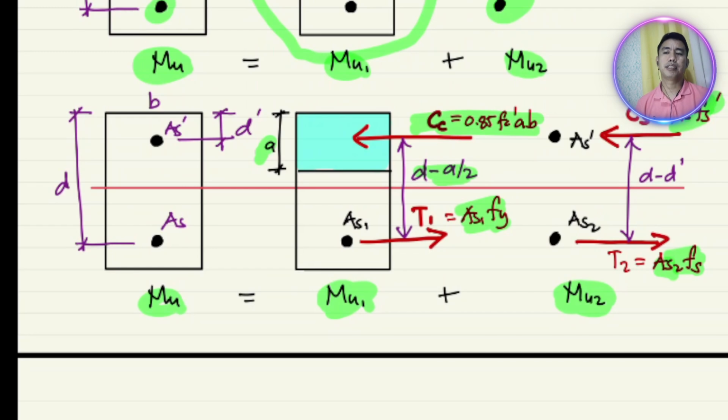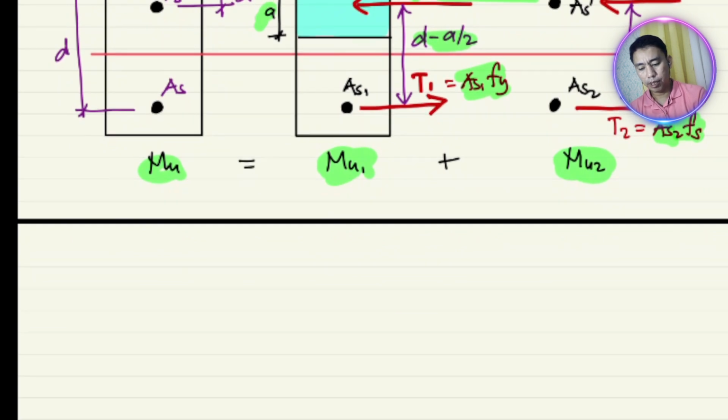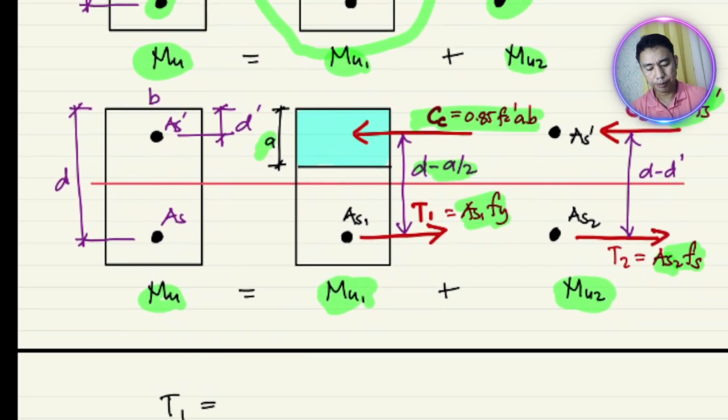So sa doubly, medyo complicated lang ang calculation ng doubly kasi marami ng formula. So, in doubly reinforced ngayon, we can have the equation na T1, the tension 1. Saan ba yan makikita?